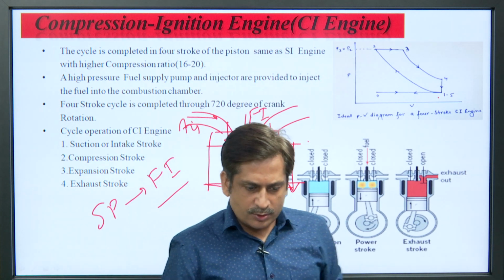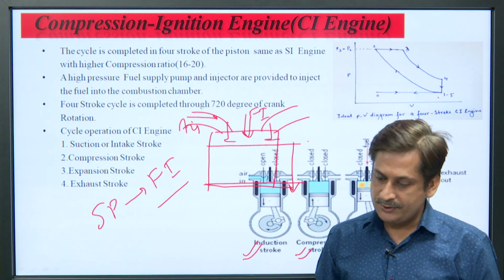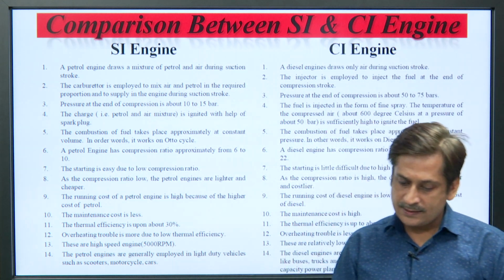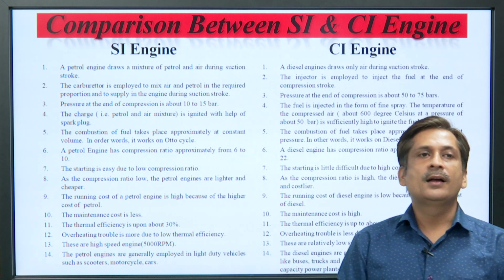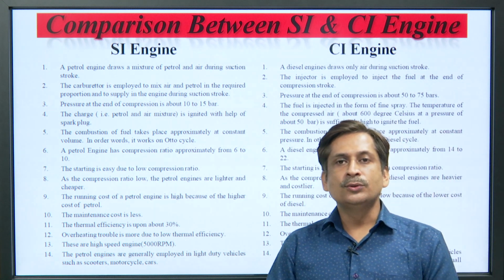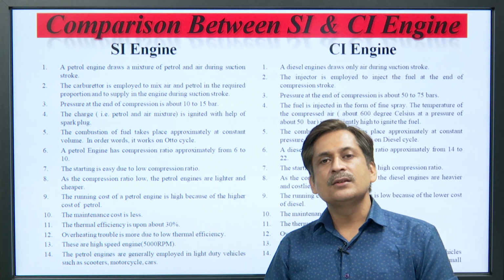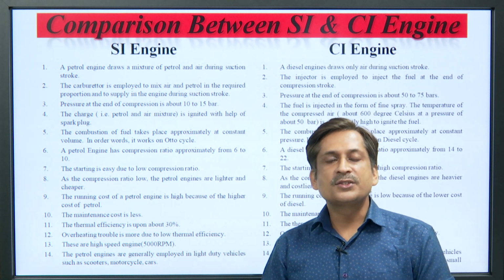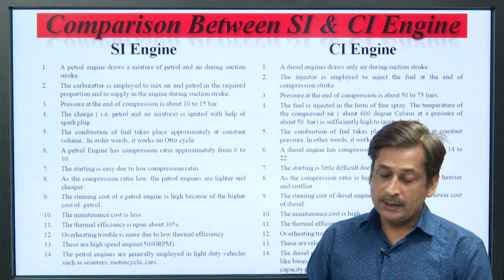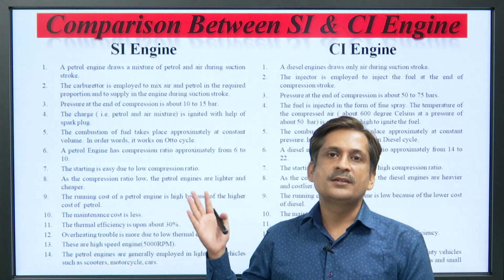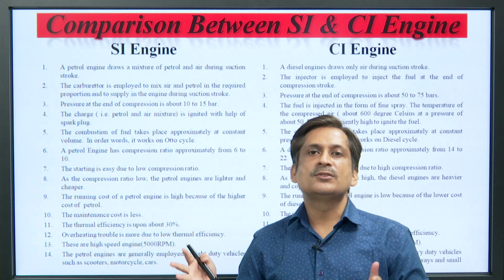So, this was all about the working of SI and CI engine. This is the comparison of SI and CI engine. In brief, in the SI engine we use a spark plug, and in the CI engine we use the auto ignition principle. SI engines use a very small compression ratio, CI engines use a very high compression ratio because there is no spark plug.